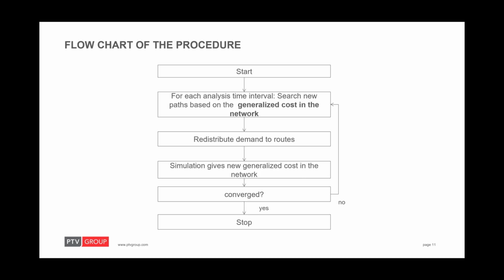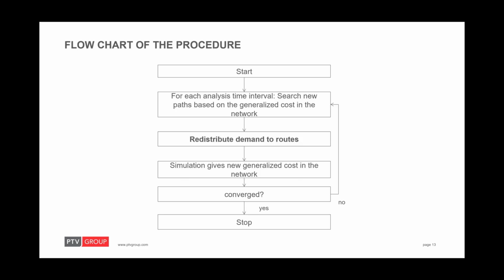And generalized cost is your combined cost for tolls and so forth with time. Then for each new path that is searched, we redistribute those flows or the OD demand on those different paths or routes in the network.